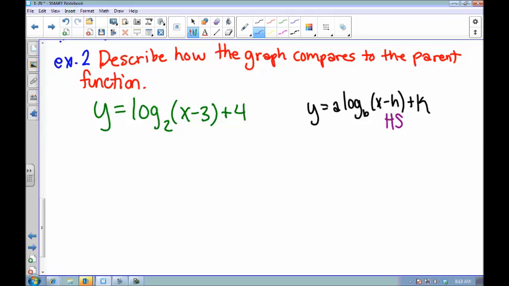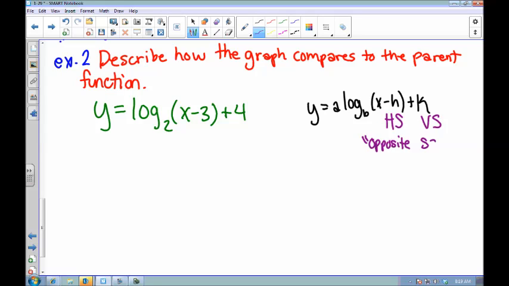And in our heads for horizontal shift, what do we think? Opposite. Okay, what about the K? Vertical shift.